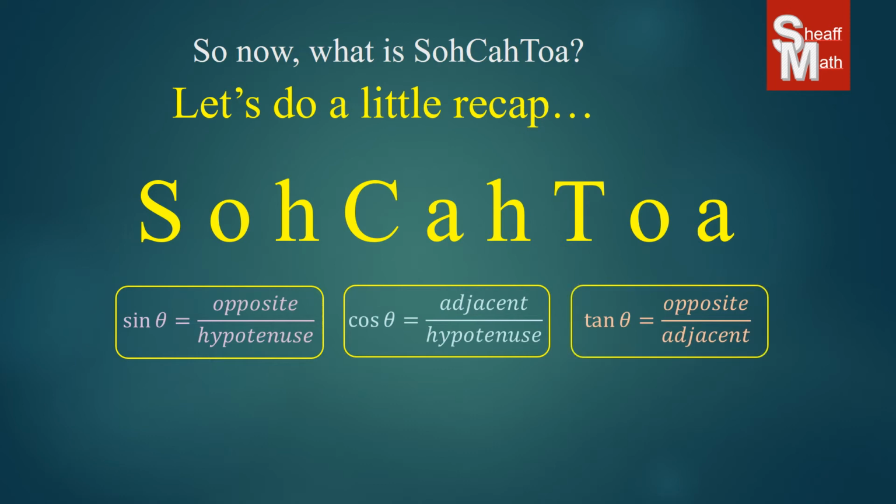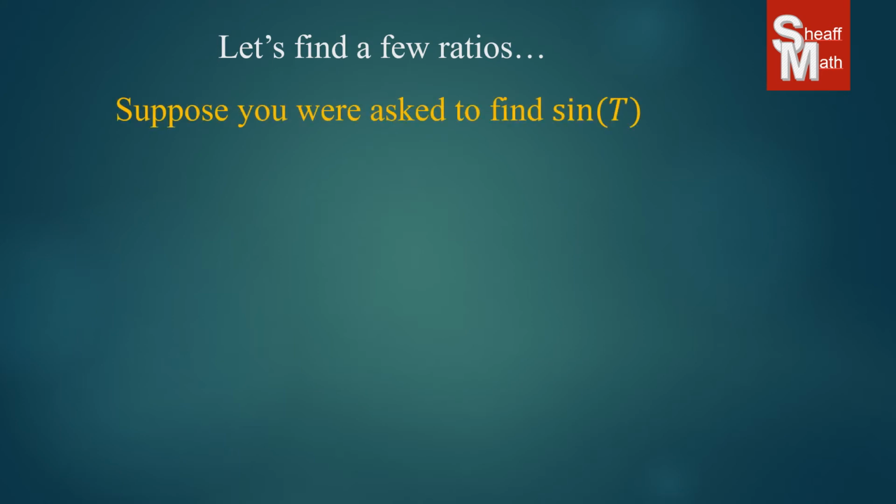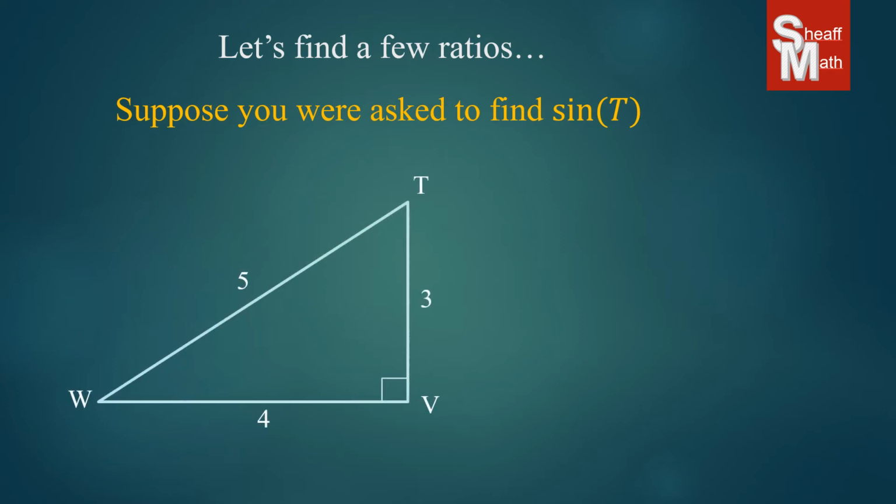All right, now we're going to find out what we can do with this. Let's find a few ratios in real triangles with values. Suppose you were asked to find the sine of t. Here we have a right triangle, the famous 3, 4, 5 triangle, and t is an angle, and we want to find the sine of t.